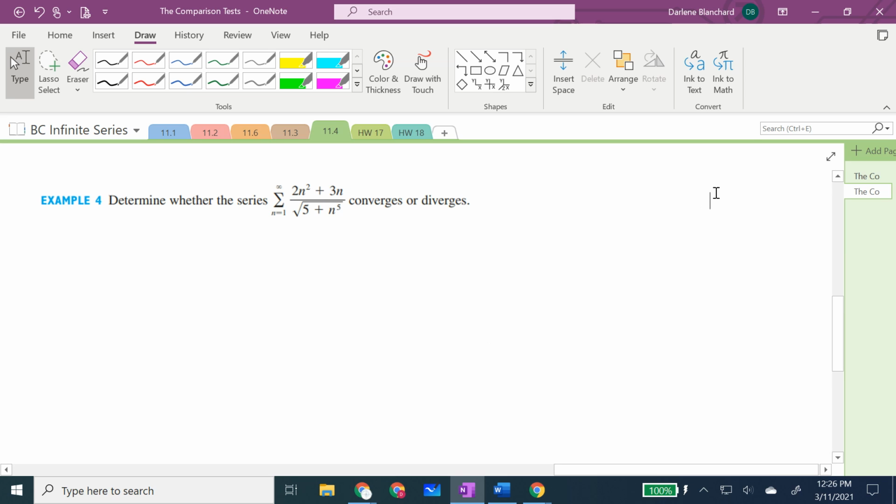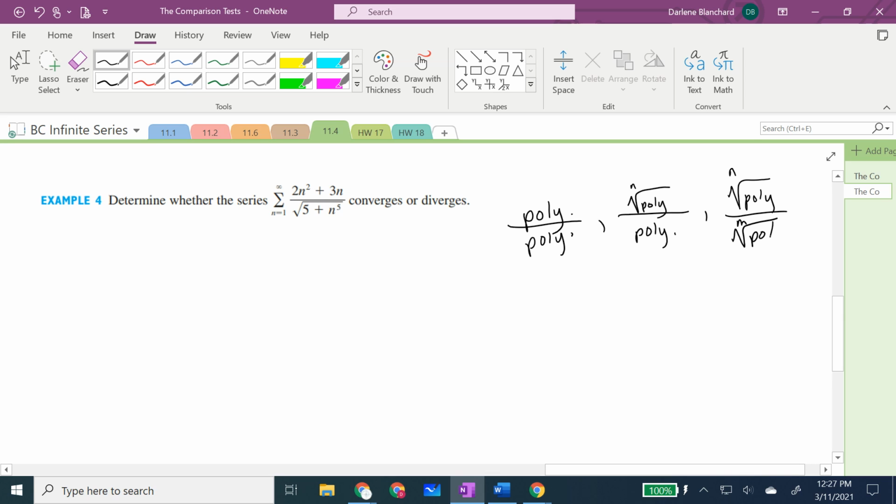Granted, this one might be reasonable, but I'm going to throw out a general situation that's going to reoccur, and that is a situation where your formula is either a polynomial divided by a polynomial, and maybe there are roots involved. Maybe there are several roots involved. It could get worse, but I'm going to leave it there.